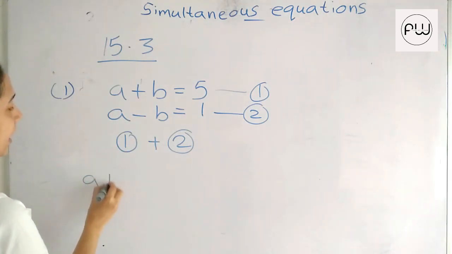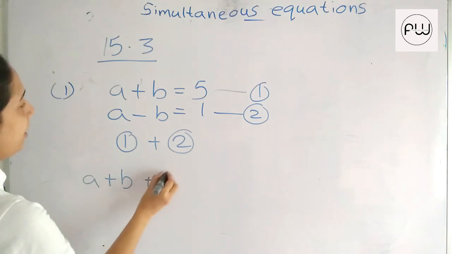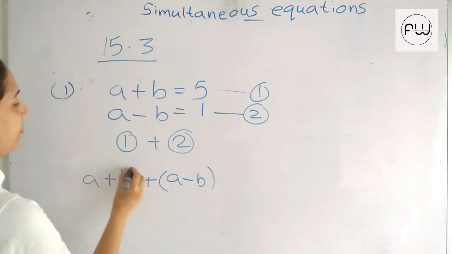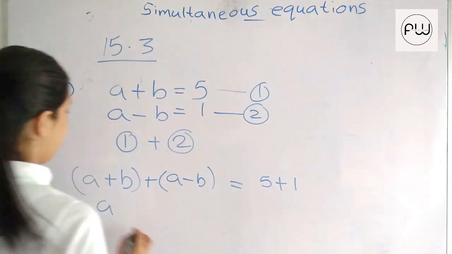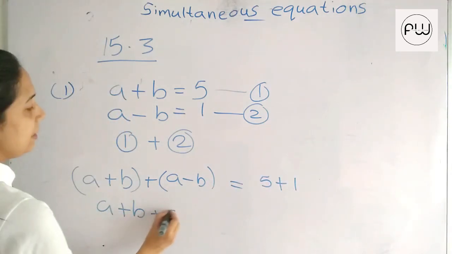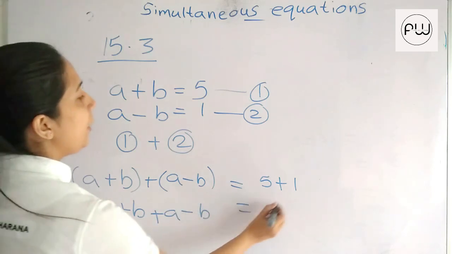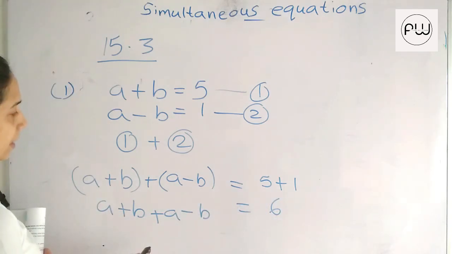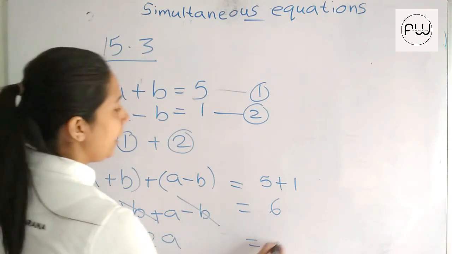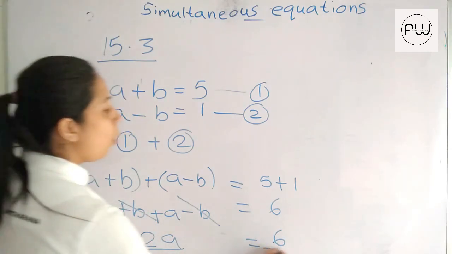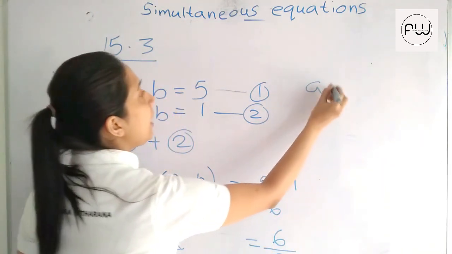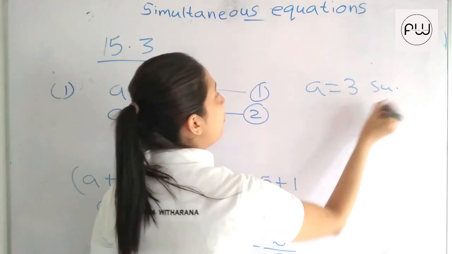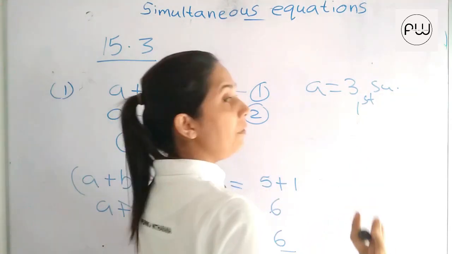Then let's add a plus b and a minus b, equals 5 plus 1. a plus b plus a minus b equals 6. Then we can cancel out minus b with plus b, equals 2a. 2a equals 6. Then we can divide both sides by 2. Then a equals 3. Then with a equals 3 we can substitute into one of the equations, right?